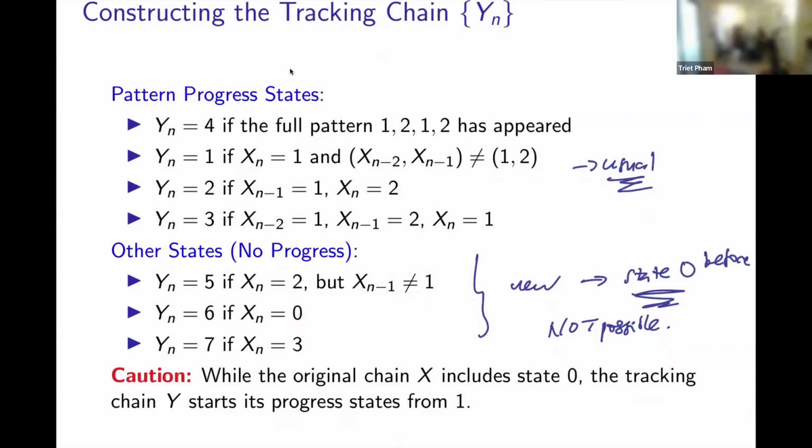So here again, things get confusing from any angle, but one angle should not confuse us, but it could, is the labeling. The labeling of the states now doesn't have a state 0 for Y. We call 5, 6, and 7 as a no progress state. So don't confuse that. Or actually, from the same point of view, state 1 of Y seems to correspond to state 1 of X, but that's not true, right? Because state 3 may seem that way too.